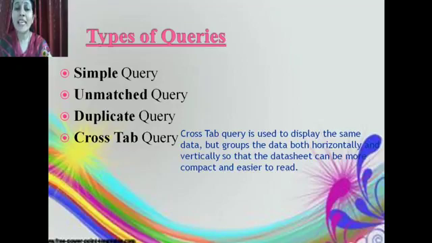A cross-tab query is used to display the same data but groups the data both horizontally and vertically so that the datasheet can be more compact and easier to read. But of these 4 types of queries, we are dealing with only the simple query.